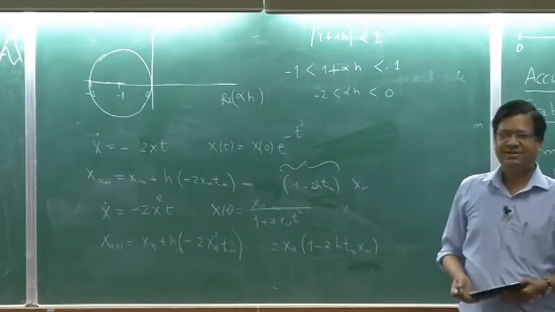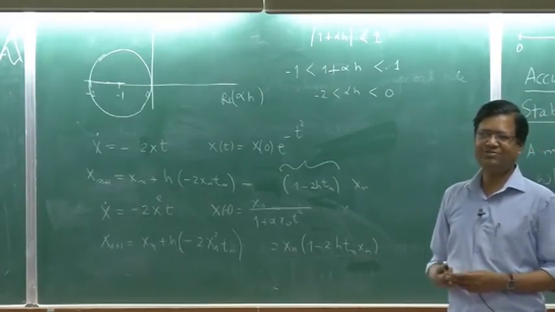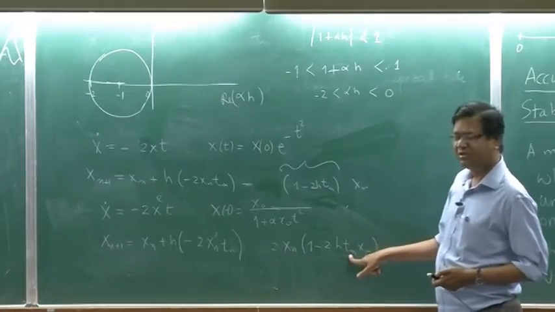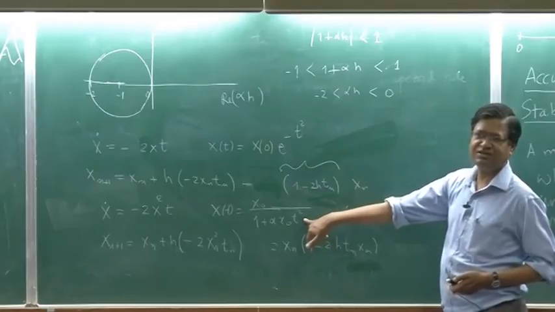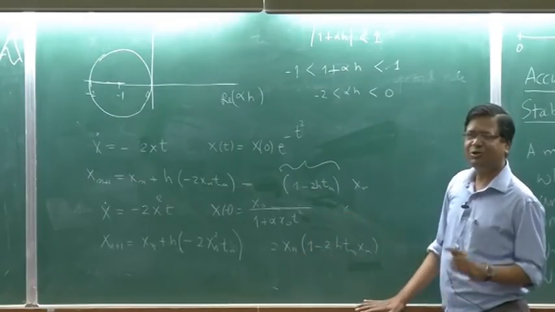Now you can see from the solution, since I already know the solution, I can reduce something. This of course grows, tn will grow, but xn drops faster than tn, since there is t squared sitting here. So it turns out this will always be bounded if we choose an appropriate h.